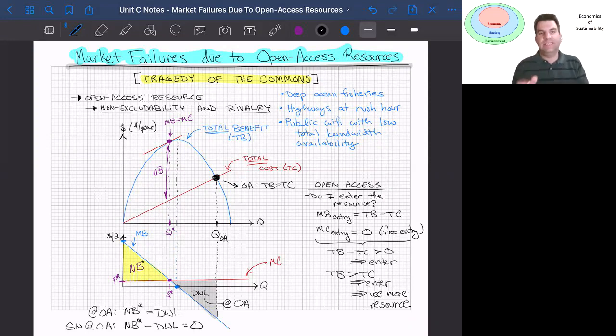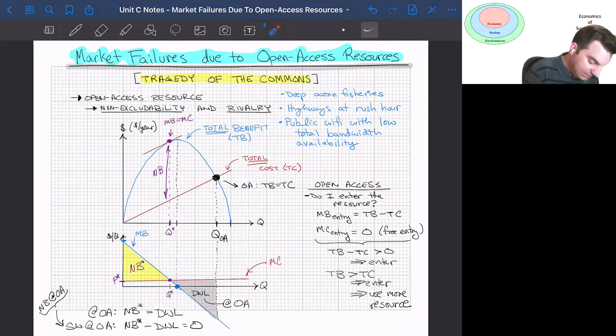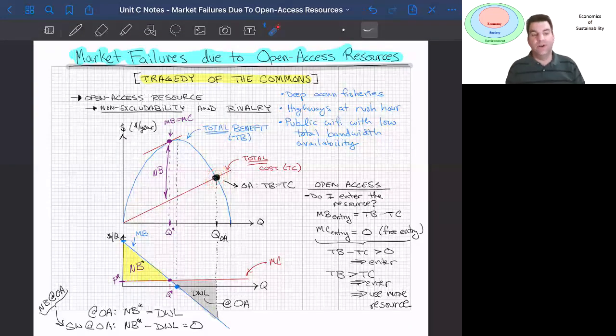And that makes sense because what we're really saying here is that the net benefit at the open access condition, that's what we mean by the social welfare. And as you can see, the distance between the two curves is equal to 0 exactly at the open access condition.